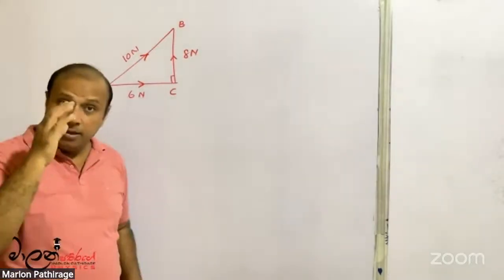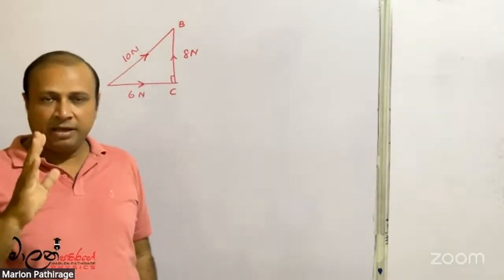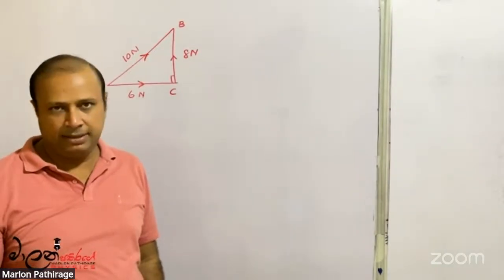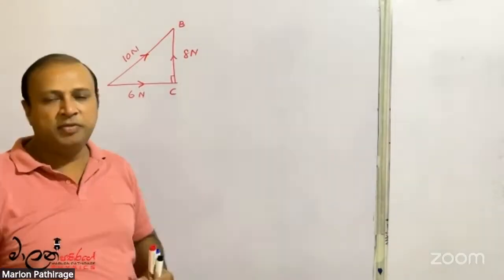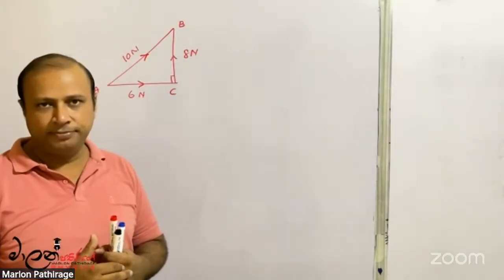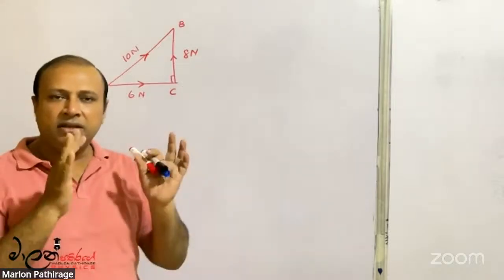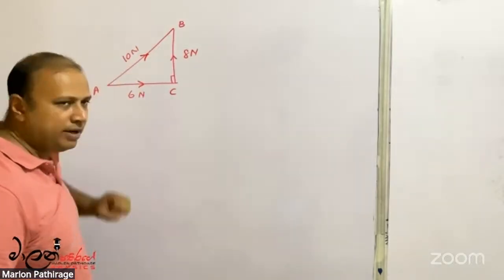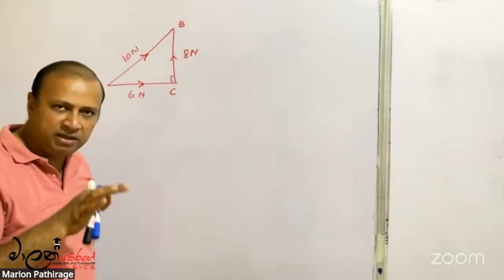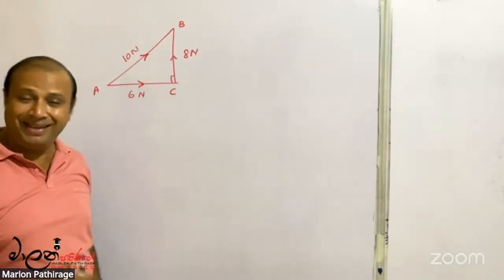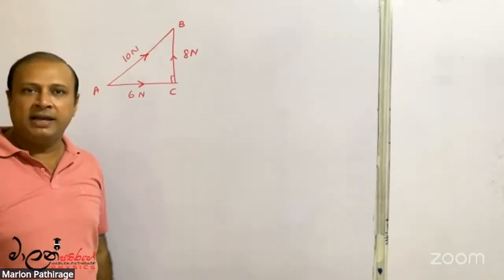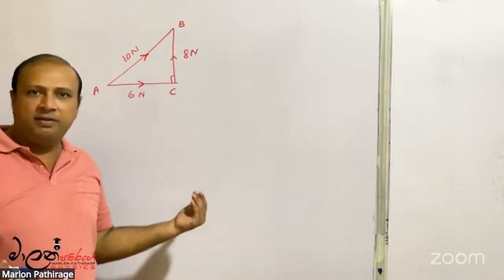But remember this thing. If we use this method, the given vectors, these two vectors, should be represented in magnitude and direction by those line segments. Otherwise, we cannot do this.